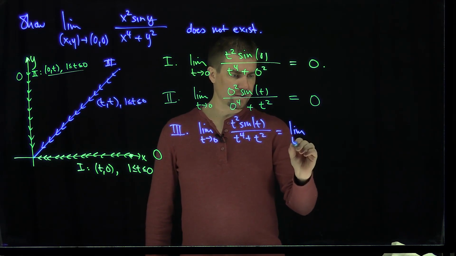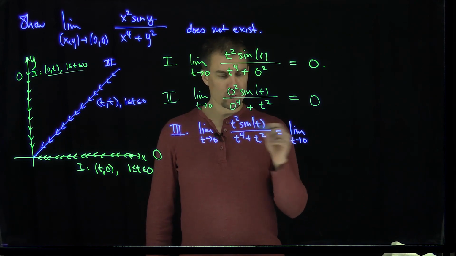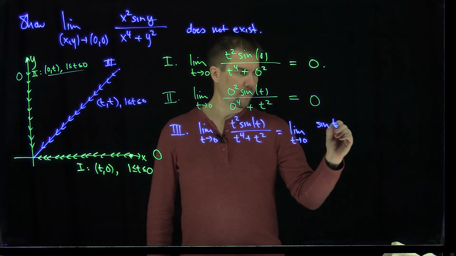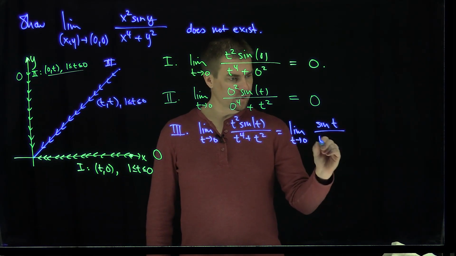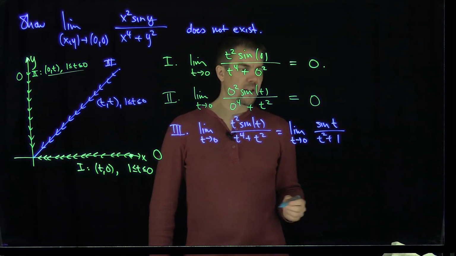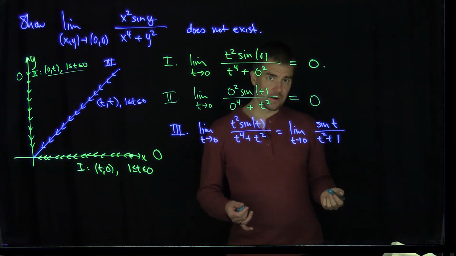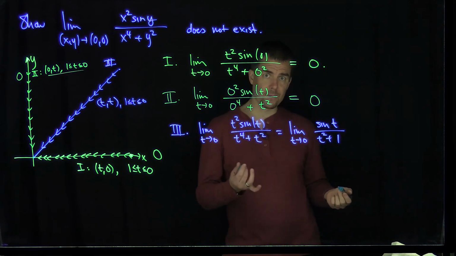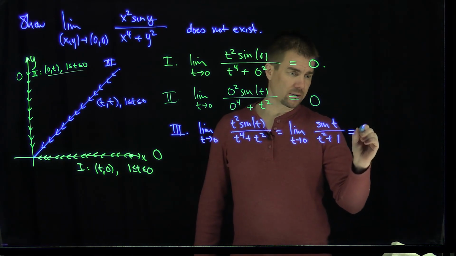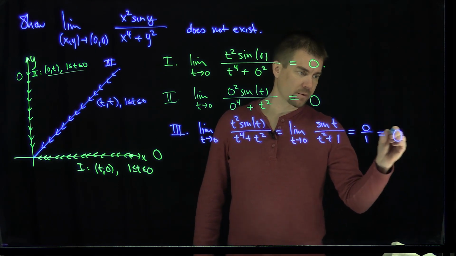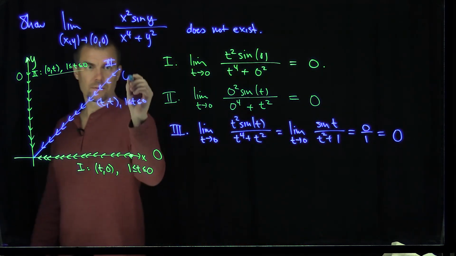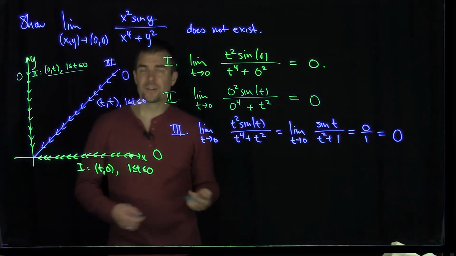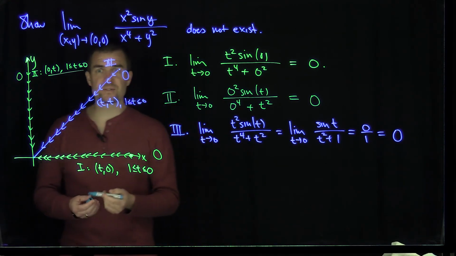This will just be the limit as t goes to 0 of sine of t in the numerator, and in the denominator I'll have t squared plus 1. Now as t goes to 0, the top goes to 0 and the bottom goes to 1. So this is 0 over 1. That's well defined, and the answer is 0. So even along this trajectory, we have a 0 limit. So it seems to me that the limit could be 0.